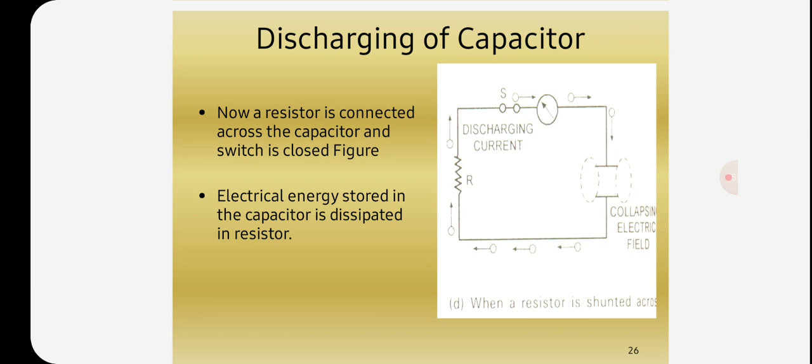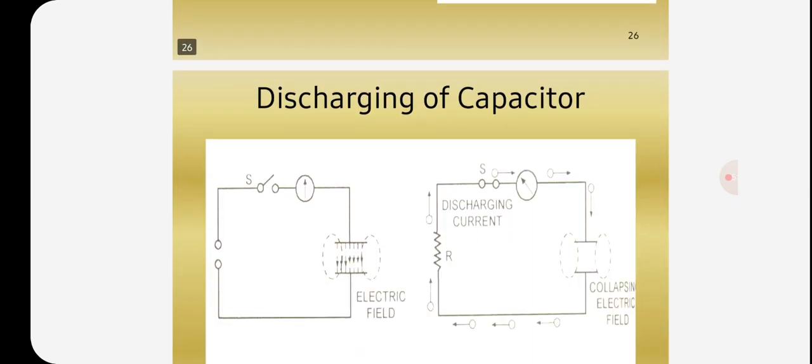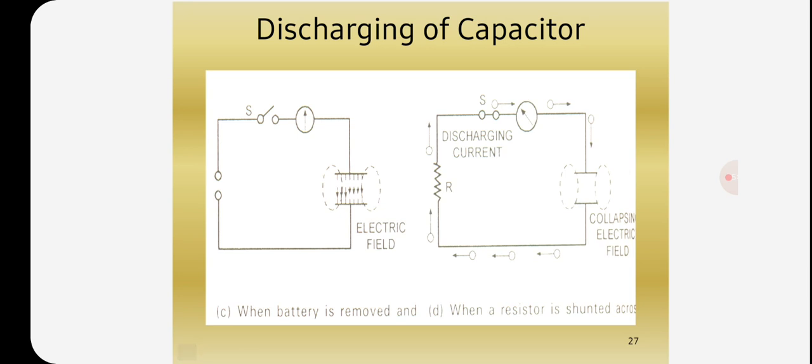Electrical energy stored in the capacitor is dissipated in the resistor. So these are the diagrams of discharging of a capacitor, when the battery is removed and the resistor is shunted across the switch.